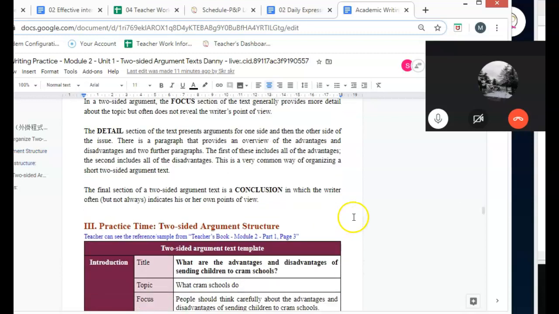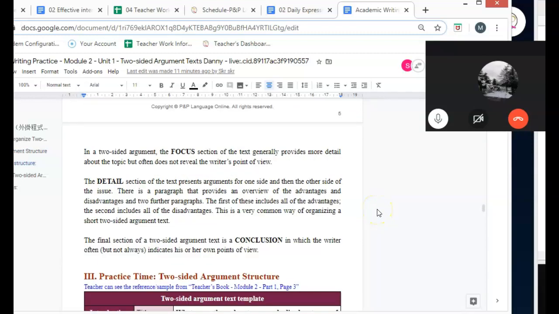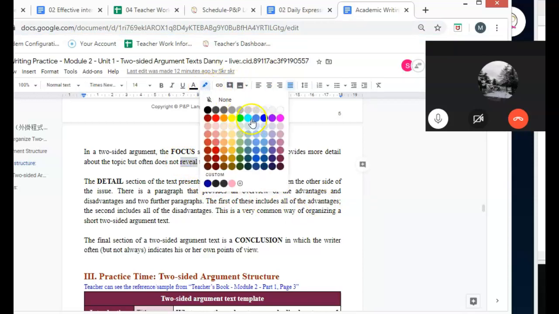So here, please read what is a two-sided argument. In a two-sided argument, the focus section of the text provides more detail about the topic, but often doesn't reveal the writer's point of view.